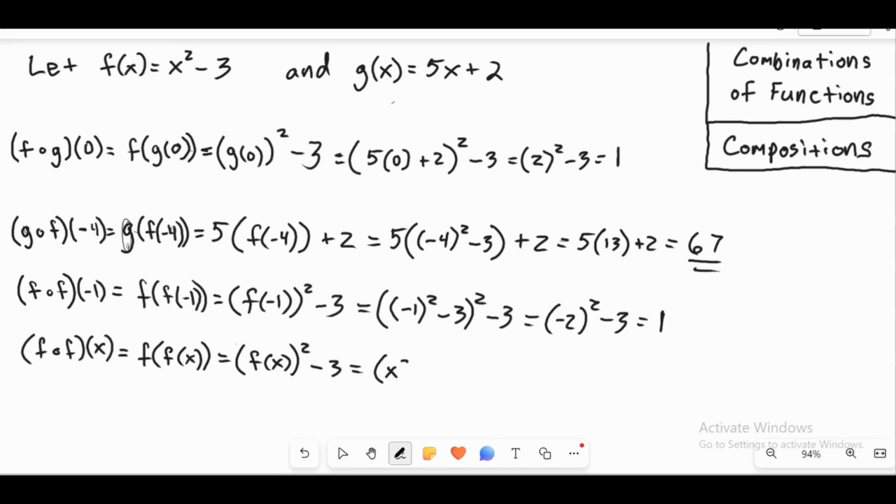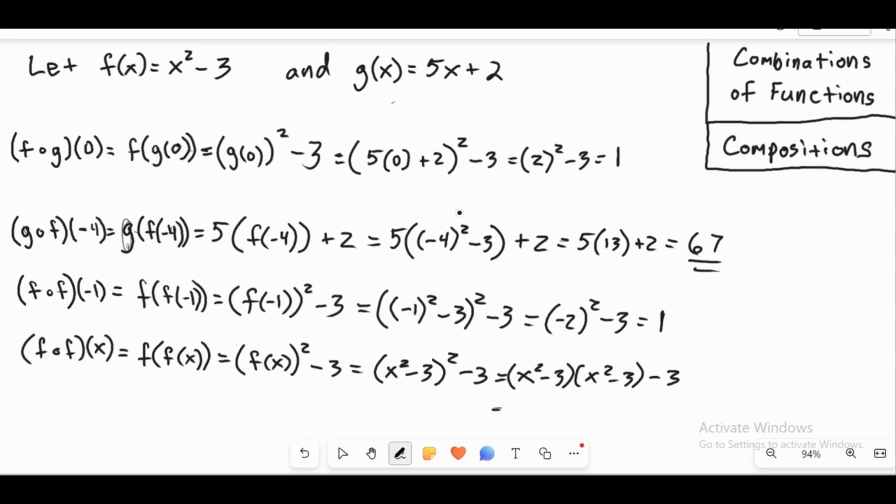So we have x squared minus 3 squared minus 3. It's going to get pretty ugly here, because what I want to show you is we have to take this and square it. We have to have two of these being multiplied by each other. So we're going to have x squared minus 3 times x squared minus 3. So this is x squared minus 3 squared, then we're going to minus 3. Okay? Now in order to do this, we need to distribute.